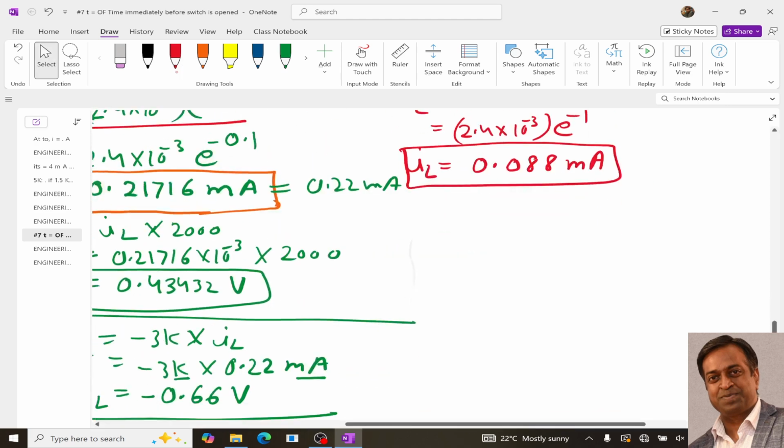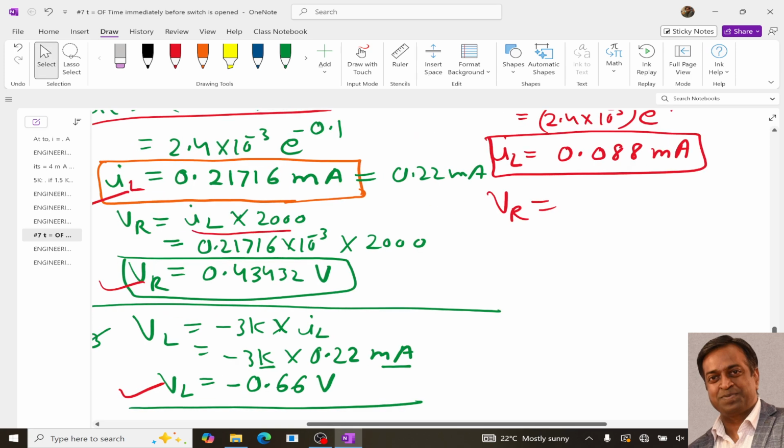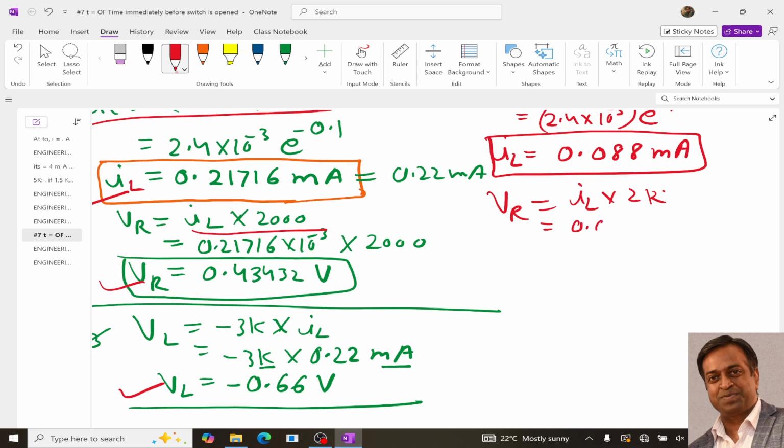Now we need to determine VR again using this formula. So IL into 2K. IL is 0.088 milliampere into 2K. Now this milliampere and K will cancel out, so 0.088 into 2, we will get 0.176 volt. So this is our VR.